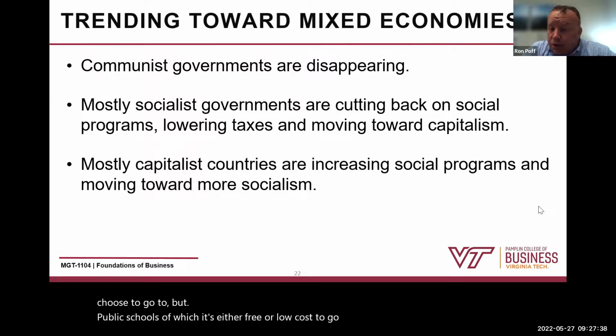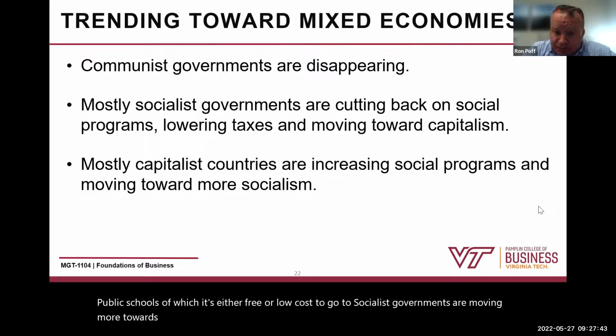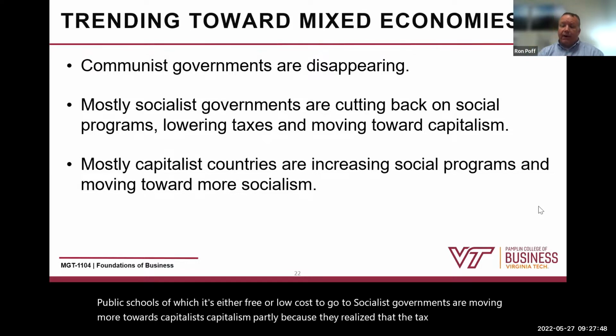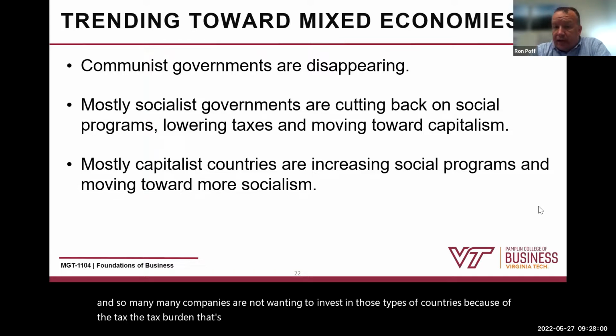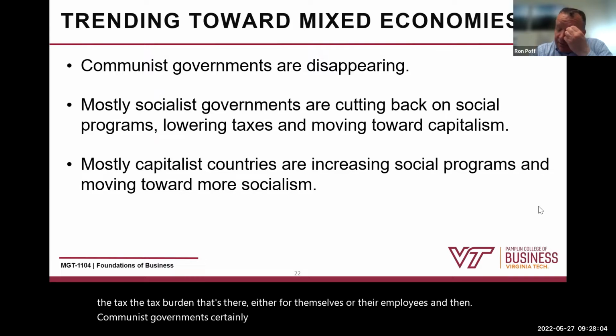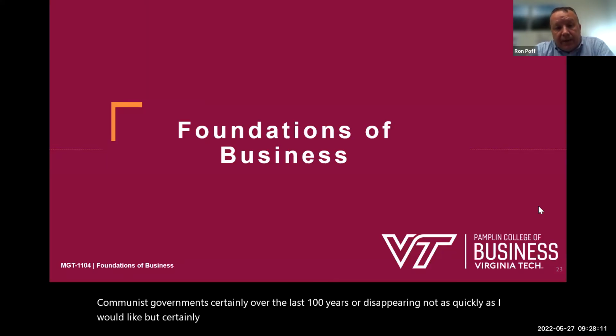Socialist governments are moving more towards capitalism, partly because they realize that the tax base is too high. And so many companies are not wanting to invest in those types of countries because of the tax burden, either for themselves or their employees. And communist governments, certainly over the last 100 years, are disappearing, not as quickly as I would like, but certainly disappearing. All right, I'm going to stop here.